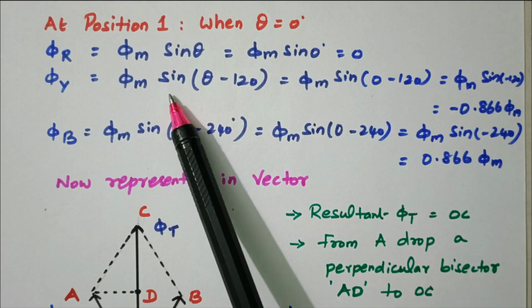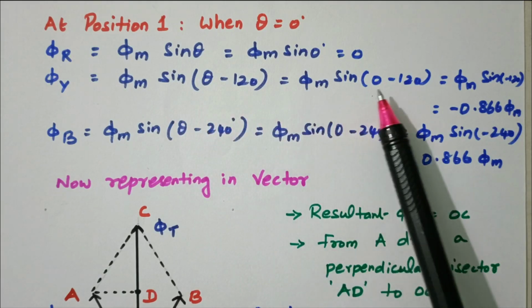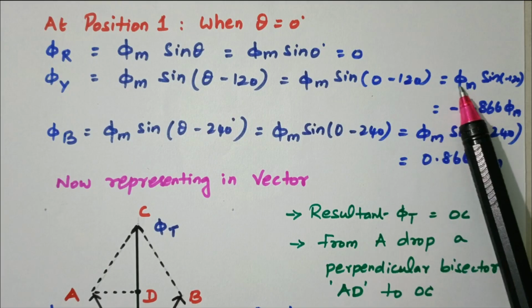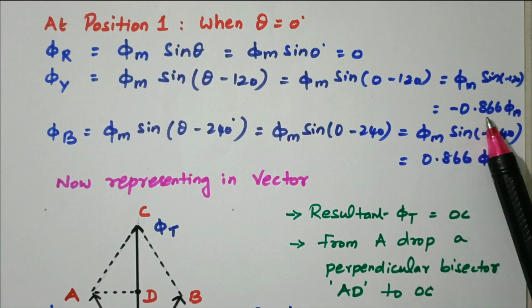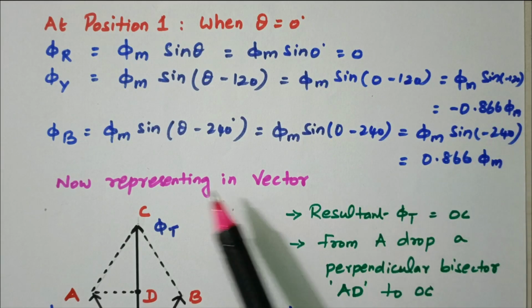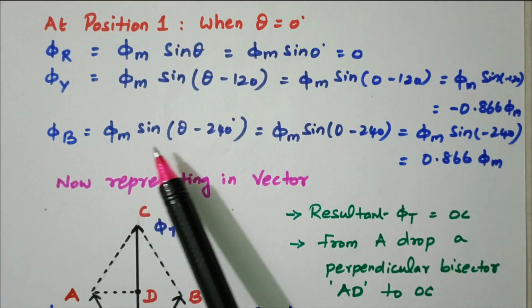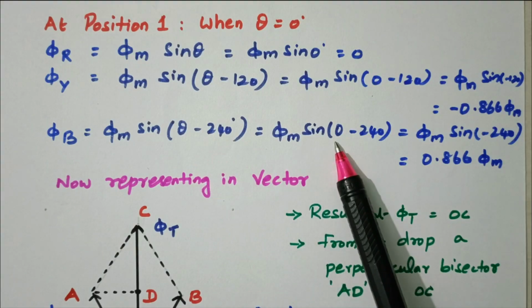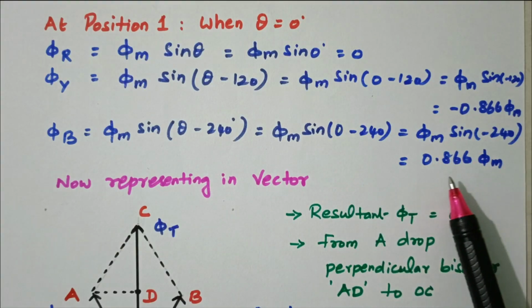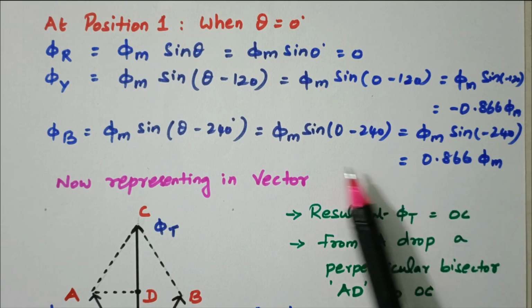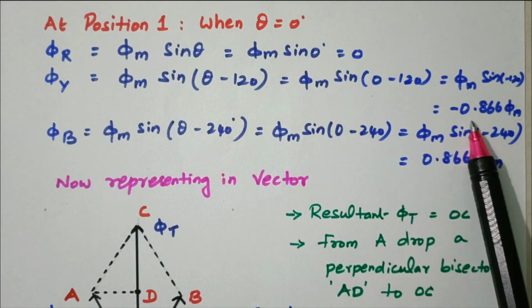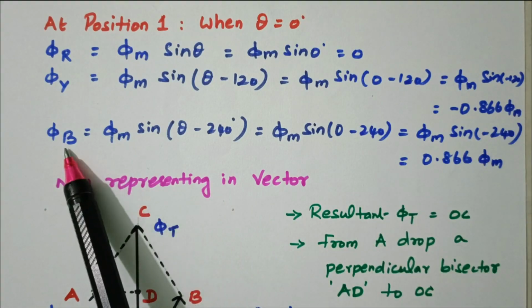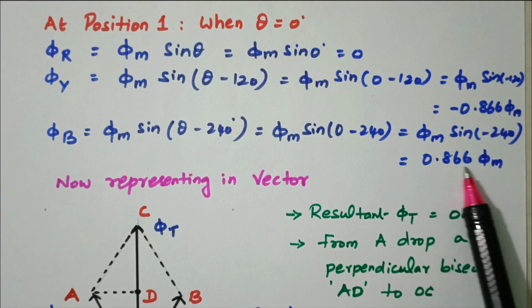Pi Y equals pi M sin (theta minus 120 degrees), so pi M sin (minus 120 degrees), and that value is minus 0.866 pi M. Then pi B equals pi M sin (theta minus 240), so that value is 0.866 pi M. So pi R equals 0, pi Y is minus 0.866 pi M, pi B is positive 0.866 pi M. Based on that we can go for the vector diagram.